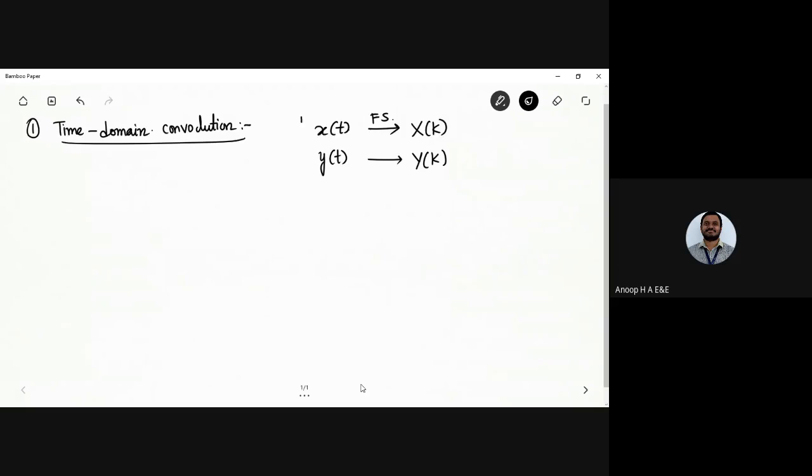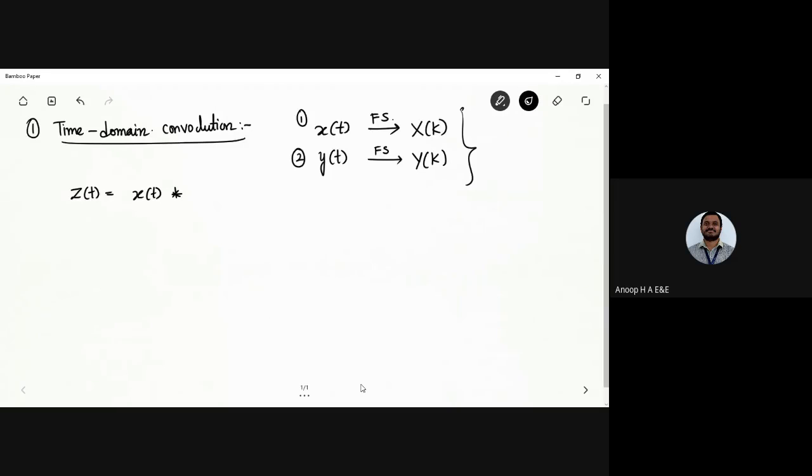So x of t is one continuous time signal, and the second one is y of t. After taking the Fourier series of it, you get y of k. Now what is the new signal? That is z of t. How will you get it? It will be the convolution operator.